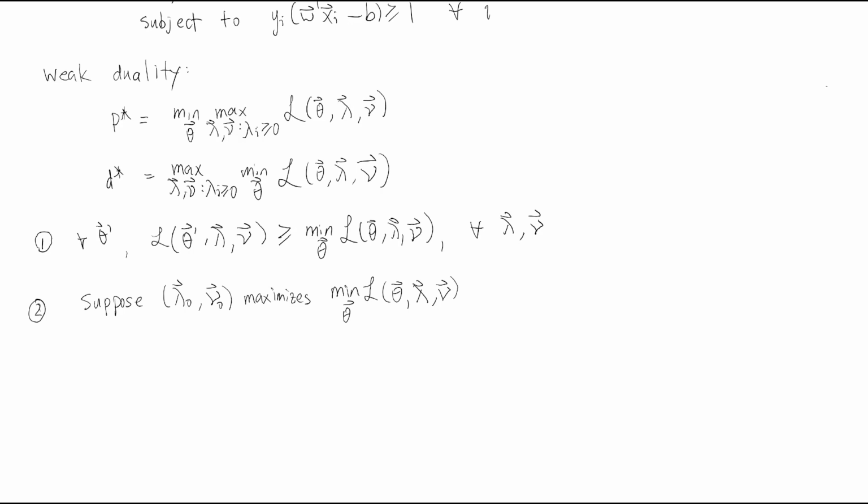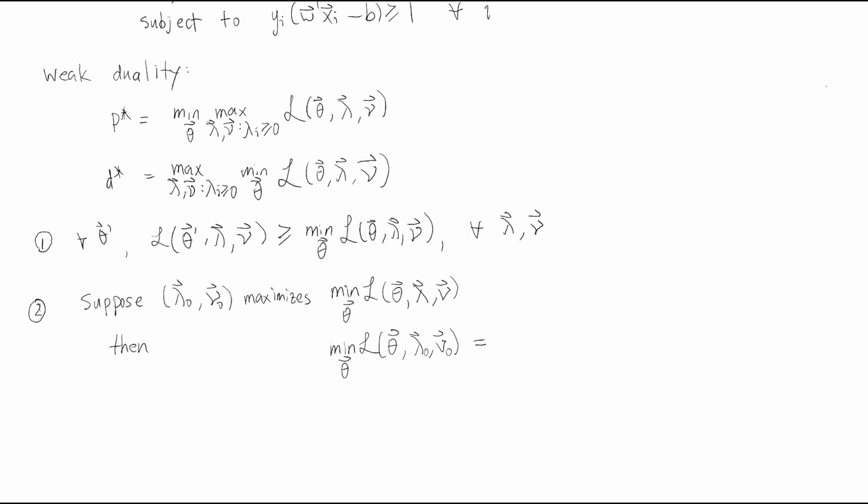So this is defining lambda 0 and nu 0. They're defined to be the lambda and nu that will maximize this function. So now we can write something kind of trivial: min over theta of L of theta, lambda, and nu.